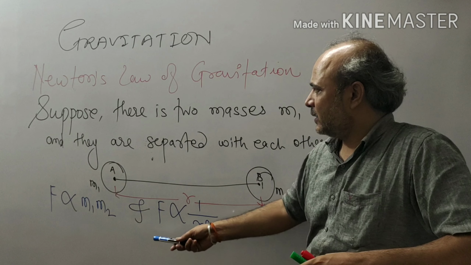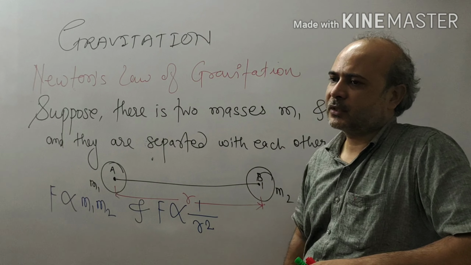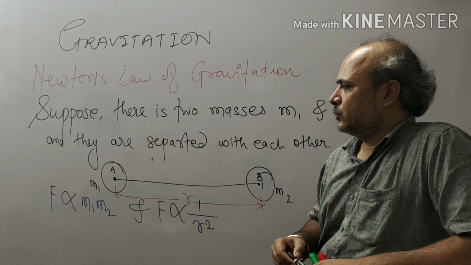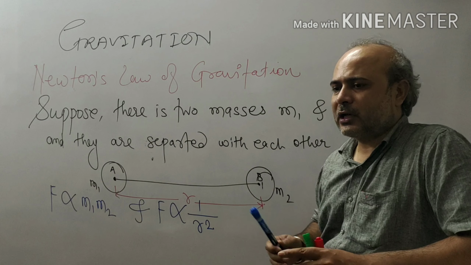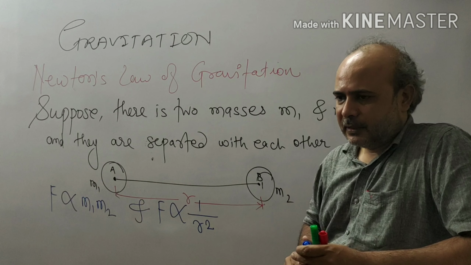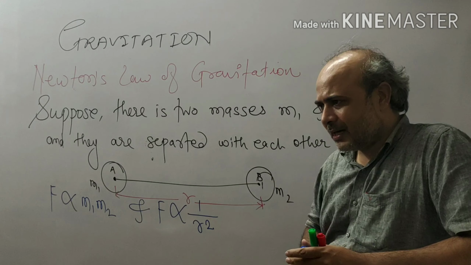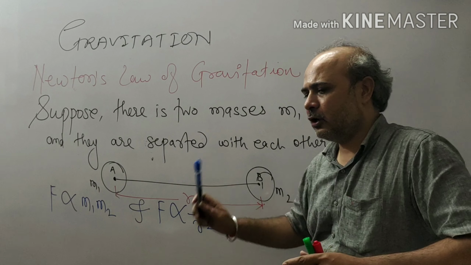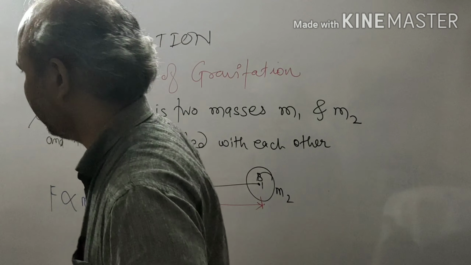This F is the gravitational force. Product means multiplication of the two masses.